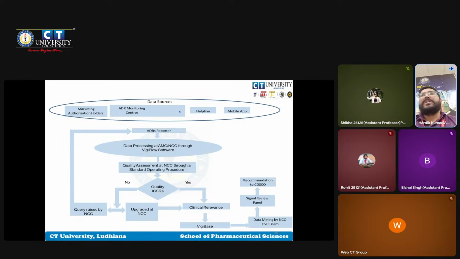And then there is quality assessment by the National Coordinator Center through the standard operating procedures. If the quality of the ICSR passes, then it goes to the clinical relevance from the vigilance. If it does not pass, the query is raised by the National Coordinator Center and it is returned to the ADR reporter so that he or she can fill in the exact reporting details. In the next slide, please.